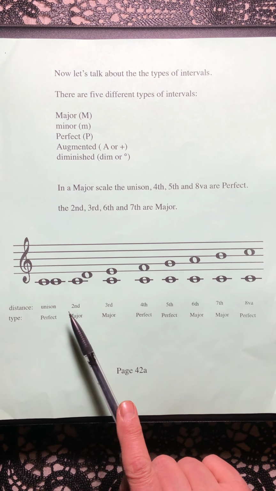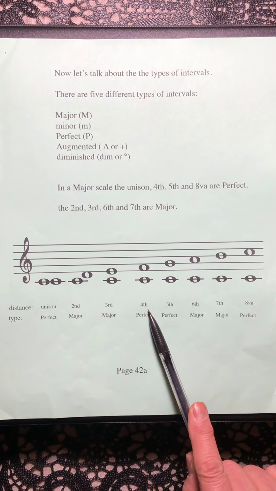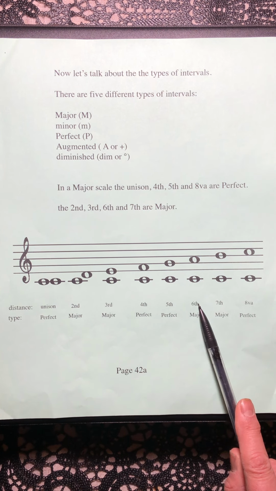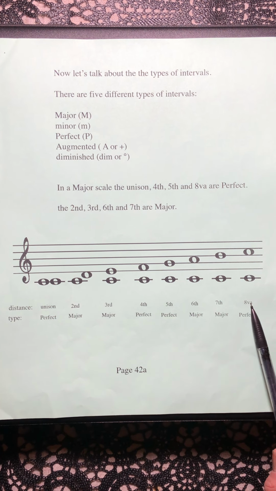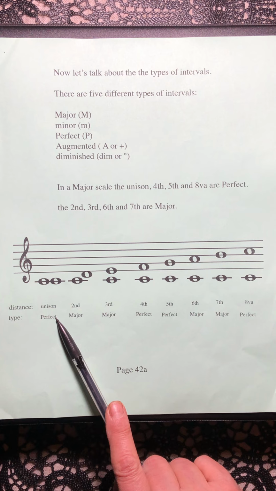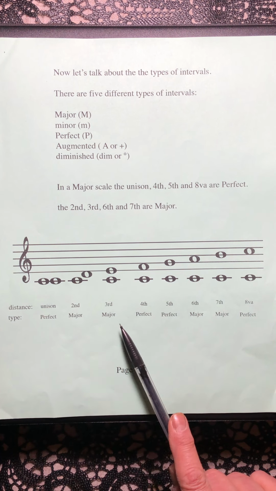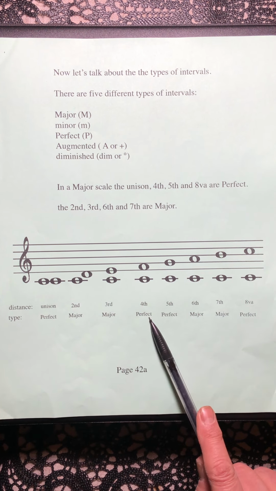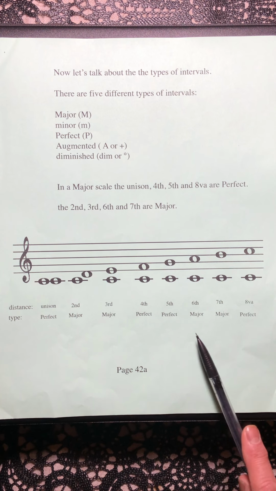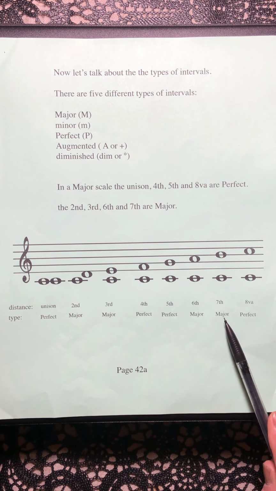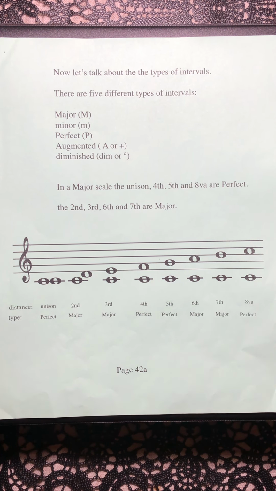Here we have a unison, second, third, fourth, fifth, sixth, seventh, and octave. And the type: perfect unison, major second, major third, perfect fourth, perfect fifth, major sixth, major seventh, perfect octave. That's a major scale.